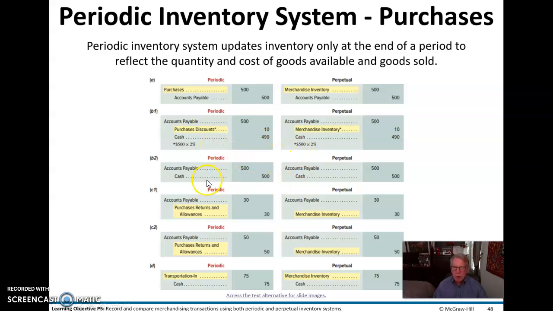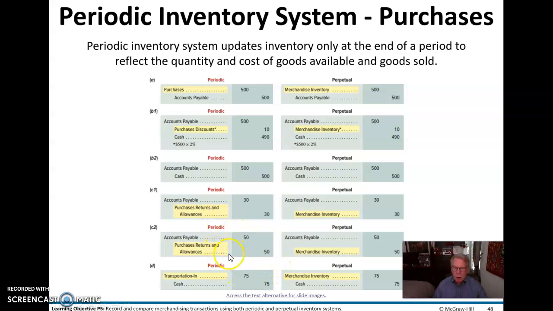And so under periodic, we have the same as perpetual under that example. And then under this example, our $30, that was a purchase return and allowance, and we reduced inventory here under perpetual inventory, but we're showing it right away in the purchase returns and allowances area.